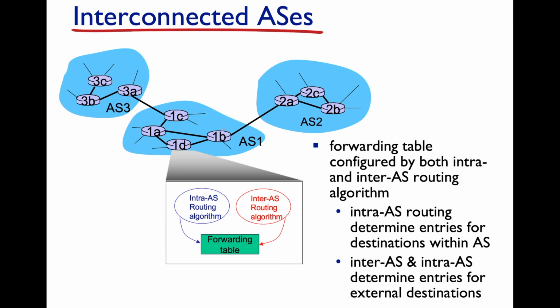For the Inter-AS routing algorithm, router 1B is a gateway router at the seam that gets datagrams off to AS2, and router 1C is also a gateway router, across the seam between AS1 and AS3. So the entries of the forwarding table are determined by both the intra-autonomous system routing algorithm as well as the inter-autonomous system routing algorithm.